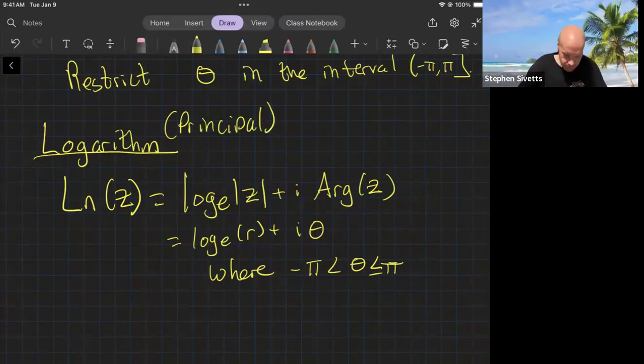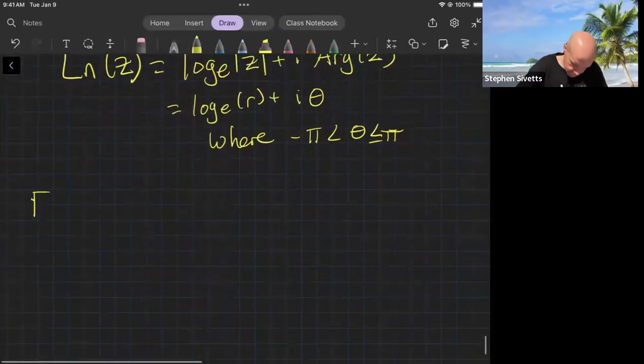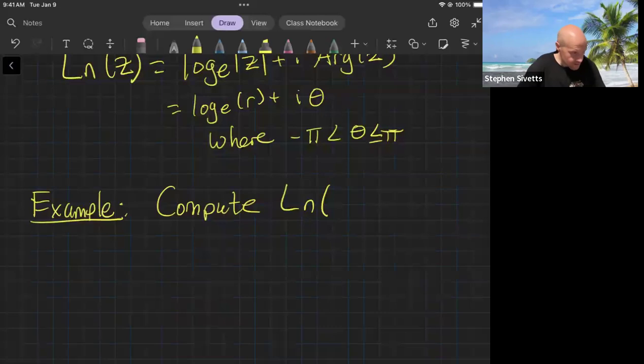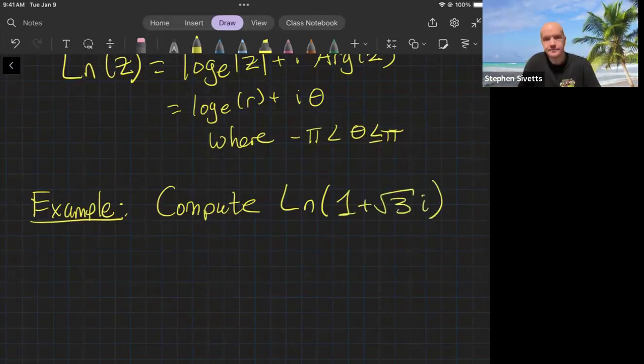So, for example, if I compute the principal logarithm for 1 plus root 3i, let's say. Okay, try to compute that value.